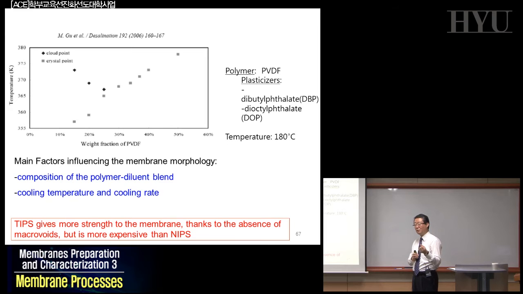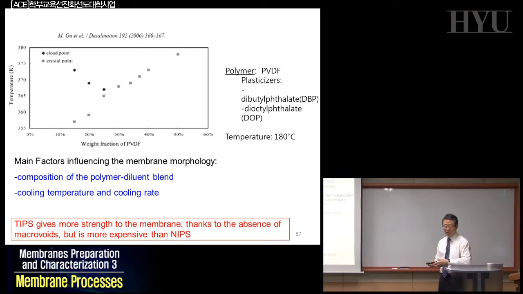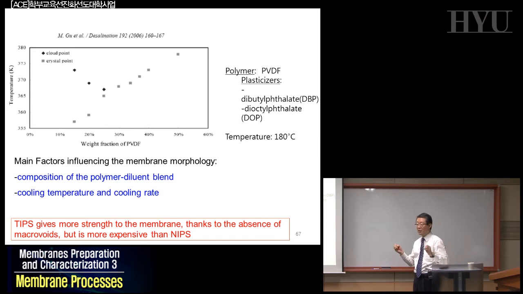And the crystallization of your final polymer will influence the mechanical strength of your membranes. And one of the greatest advantages of this TIPS process is the mechanical strength. Okay? You can make a strong fiber even from the same polymer. You can make a stronger fiber from TIPS over the NIPS process.